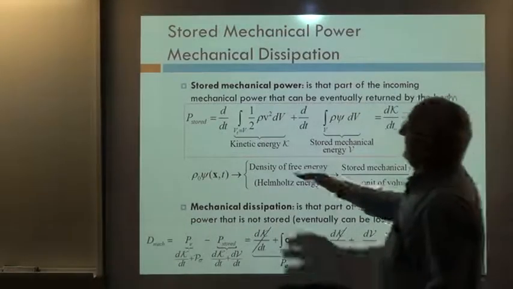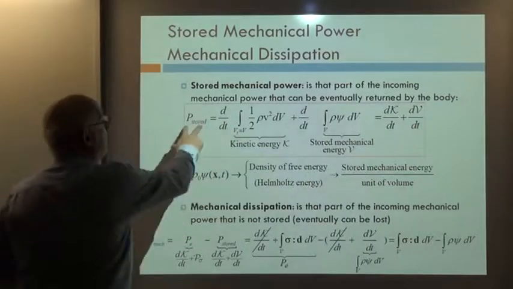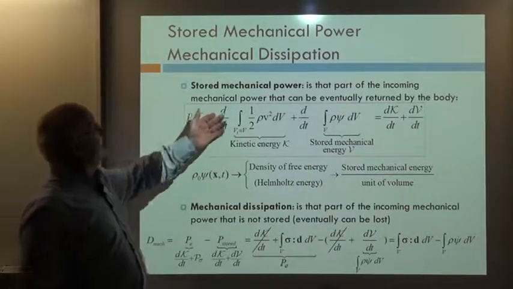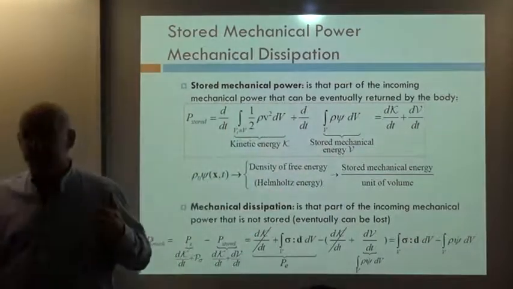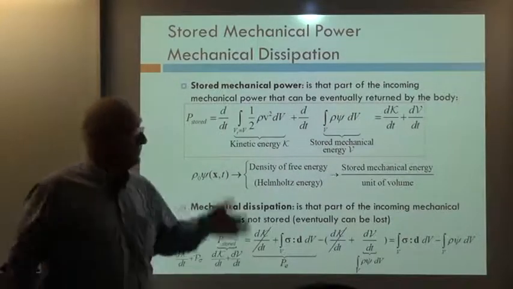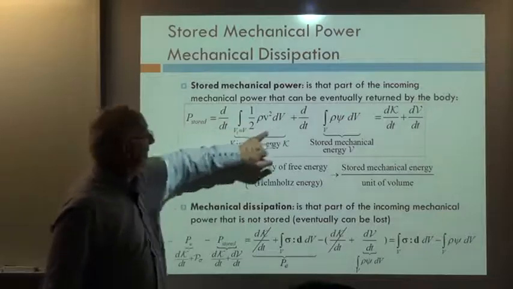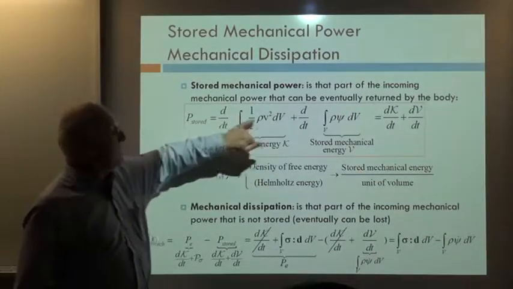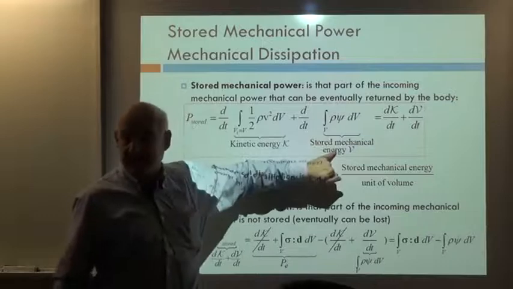So the stored mechanical power is the variation per unit of time of the stored energy, which is made of the kinetic energy plus the stored mechanical energy.